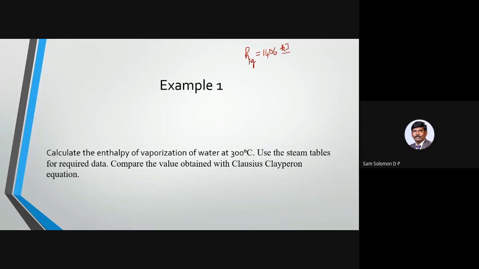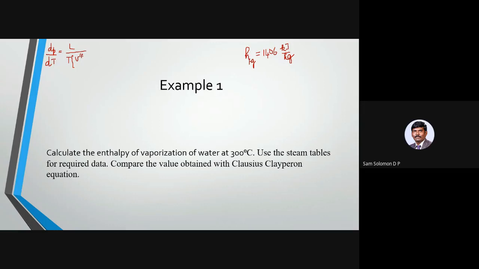Now they are asking us to find it using the Clausius Clapeyron equation also, a lengthier procedure. Just now we have seen that dP by dT is L divided by the temperature into vfg.